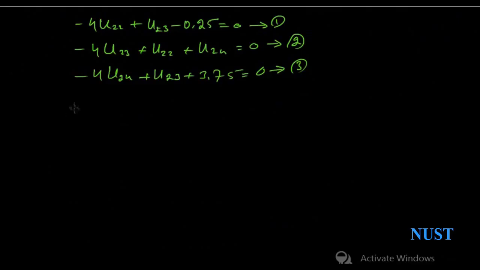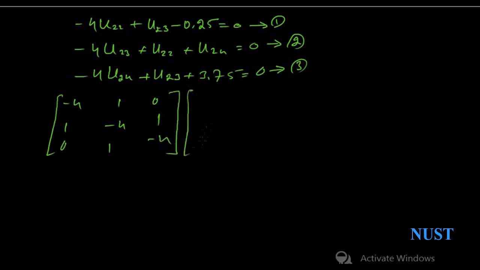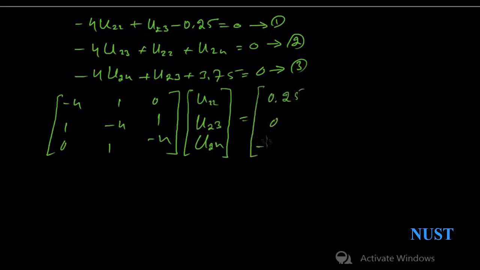So having these three linear equations for the three unknown points, write them in matrix form and solve for U22, U23 and U24. Now you must see how simple it is.